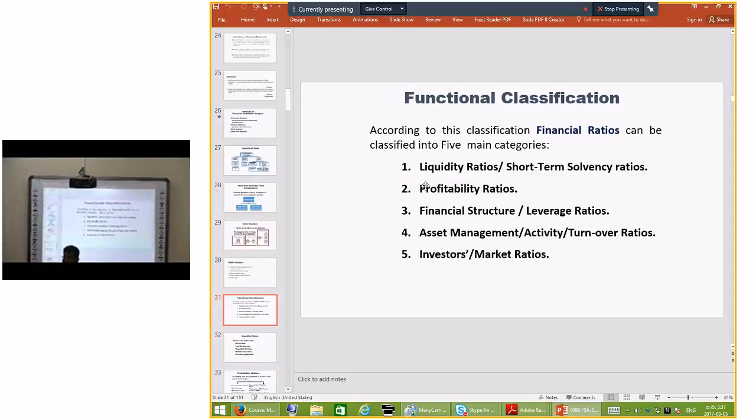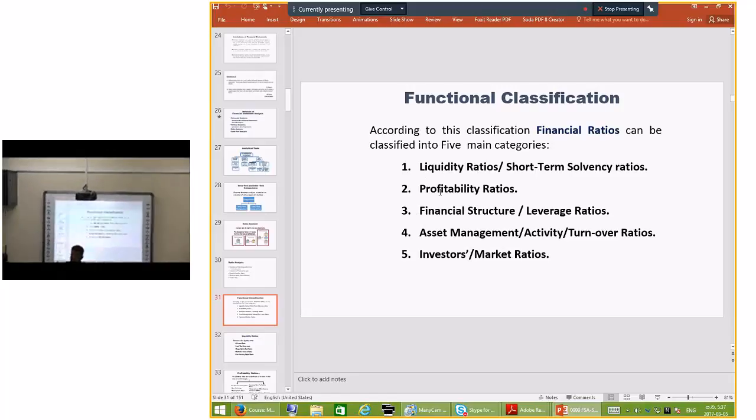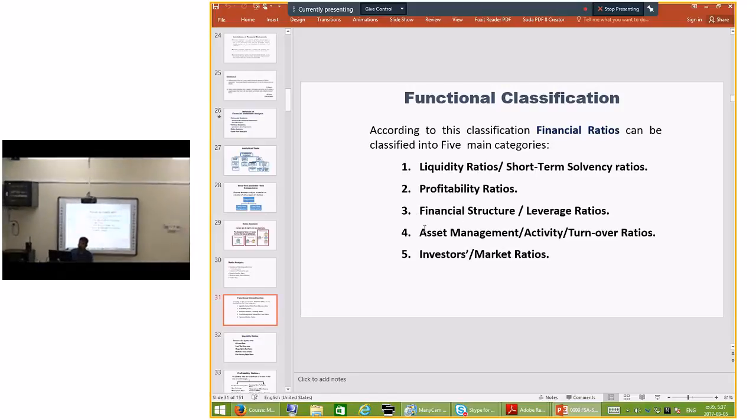These are the categorizations here. Then liquidity ratios, profitability ratios, financial structure ratios, asset management ratios, investors or market ratios. As I told you at the beginning, I am not going to discuss new things here. Again and again we are talking about the previously discussed matters, right? I think you remember that. This is the recap session.